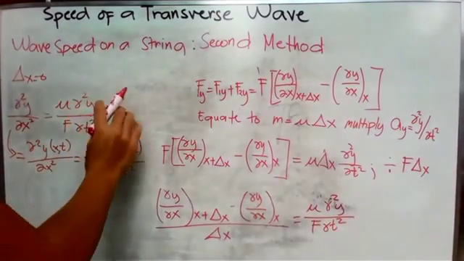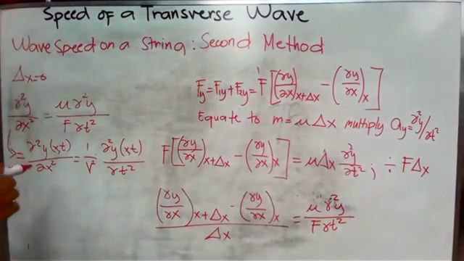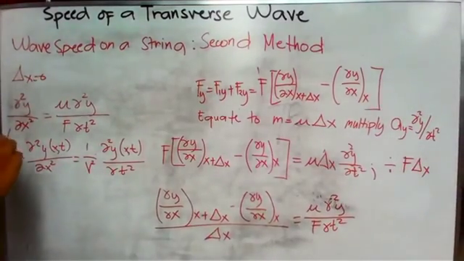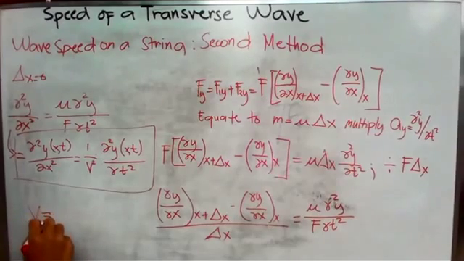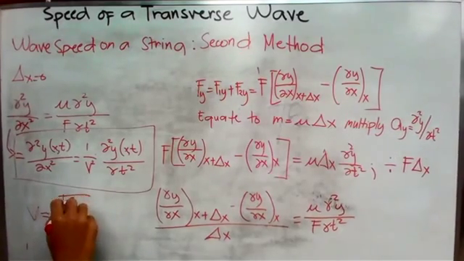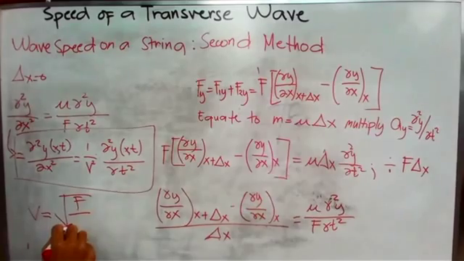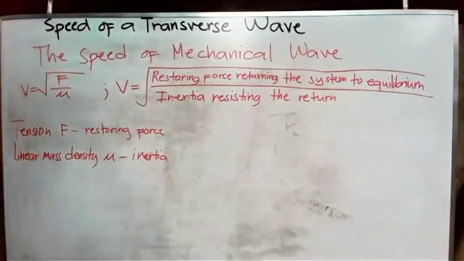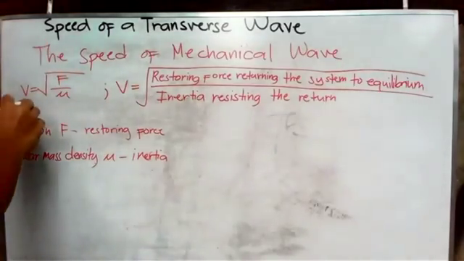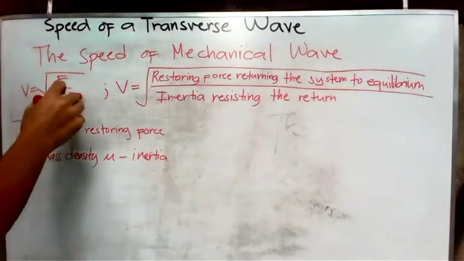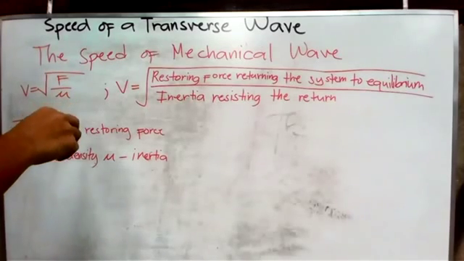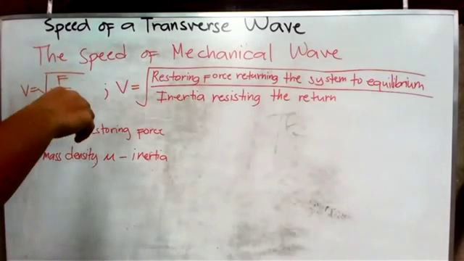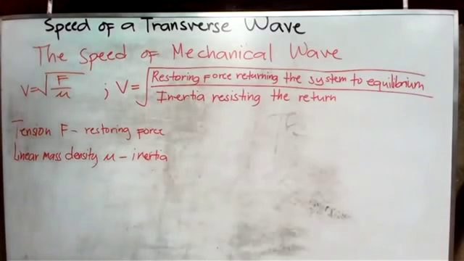As you can see, this is just equal to the wave speed we solved previously. Finally, we get the wave equation for the transverse wave on the string, where v is equal to the square root of F, which is our tension force, divided by mu. So this gives the wave speed for only the special case of a mechanical wave on a straight string or rope.